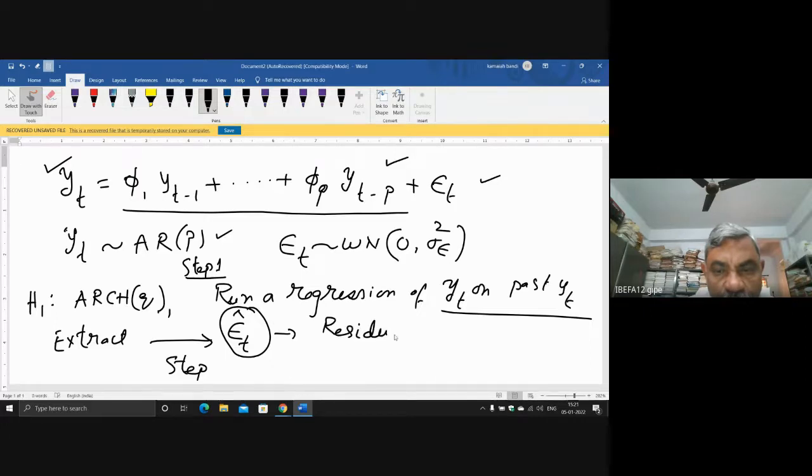Step 2, square the residuals. Then replace yt by epsilon t hat square, and this as epsilon t minus 1 hat square like that.